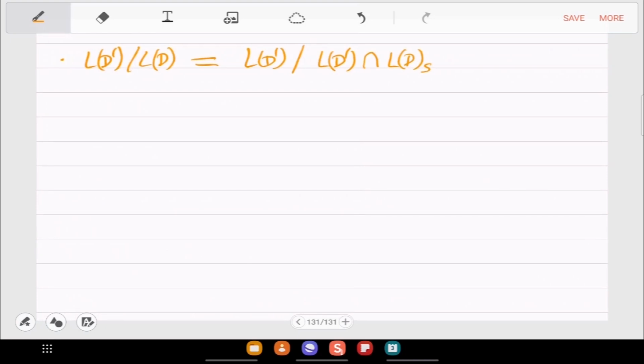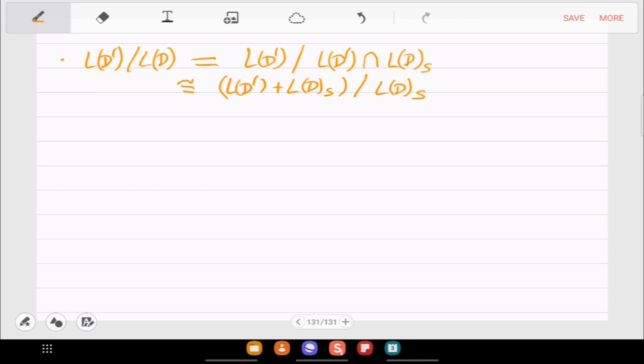So this quotient vector space, you basically have to observe that it's the same as this, which is isomorphic to mod LDS. Okay, these are just basic properties of subspaces.